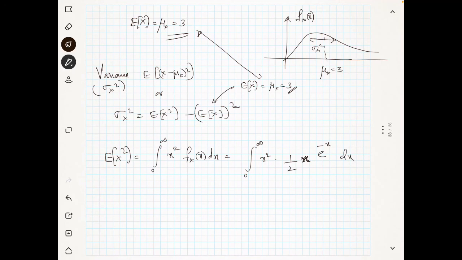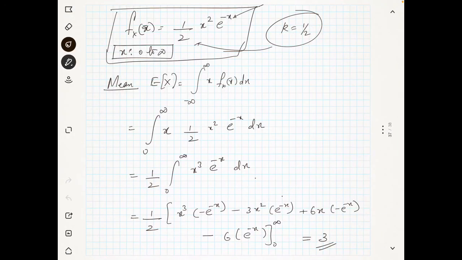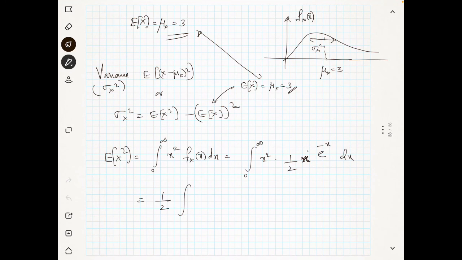So if I integrate this one, I will get it as 1 by 2 into, x square is there already in the PDF. You can see x square is there, so that x square is there here. So x square into x square becomes x raised to 4. Okay, x raised to 4 into e power minus x dx.